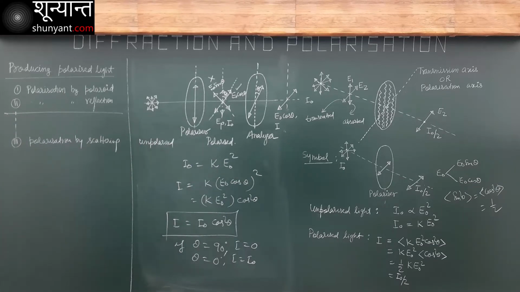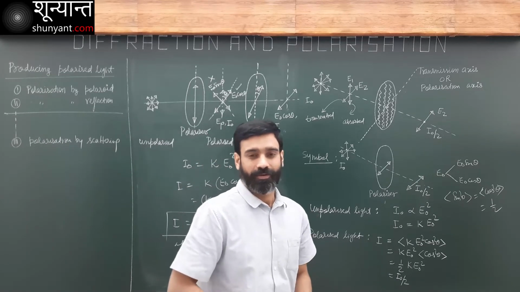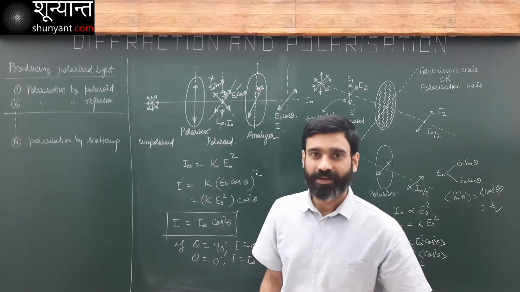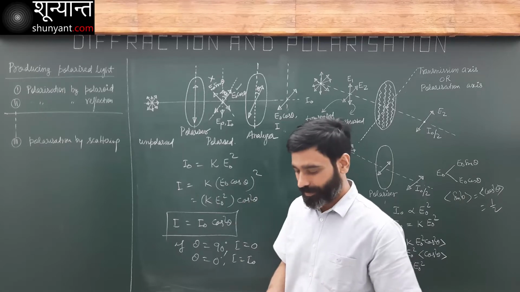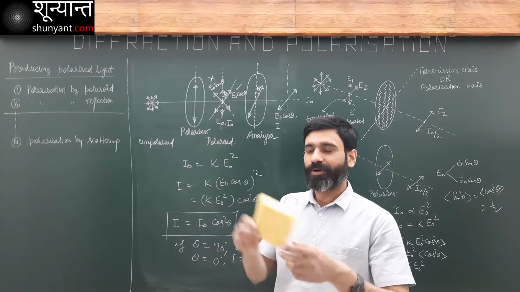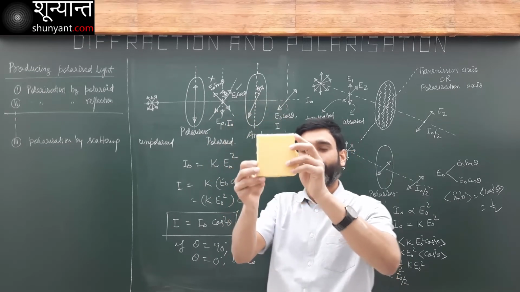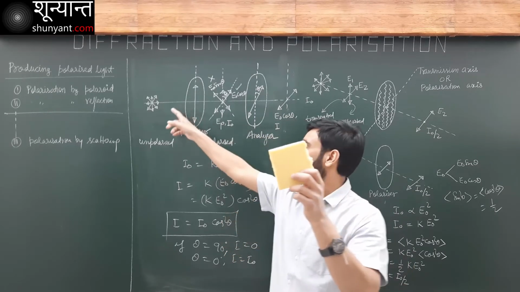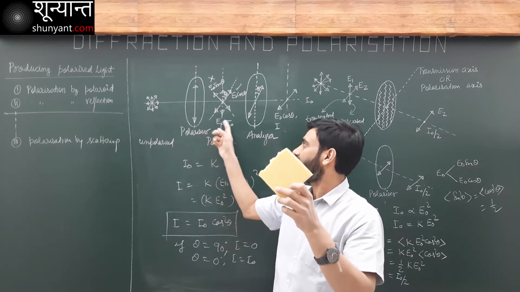But if I have a polarizer, it's a very common thing. Nowadays, many sunglasses are made of polarized materials, polarizers. So you take one of those glasses, or a polarizer, keep it in front of your eyes, and rotate it. If the light is unpolarized, then the intensity will not change, because it is always going to be I naught by 2.